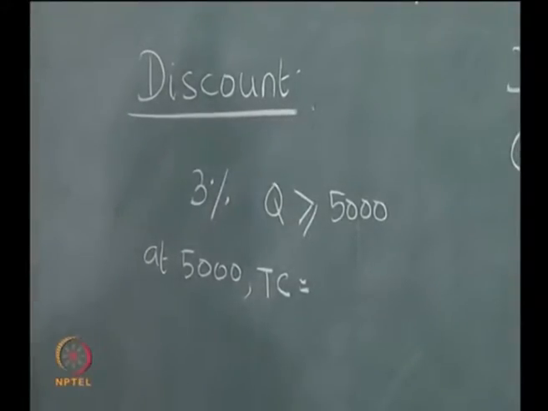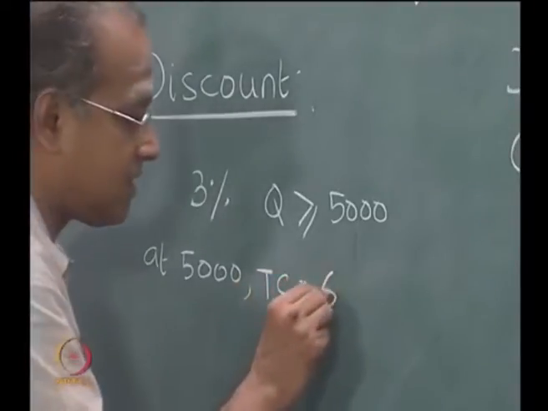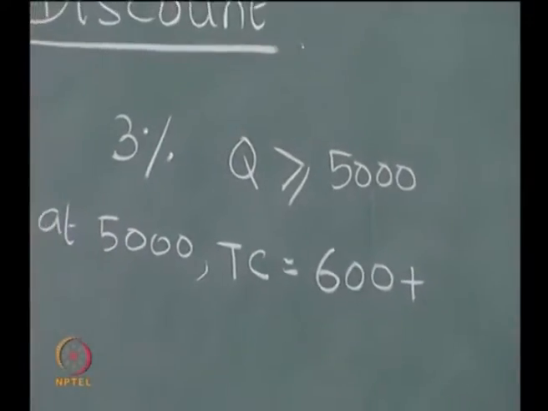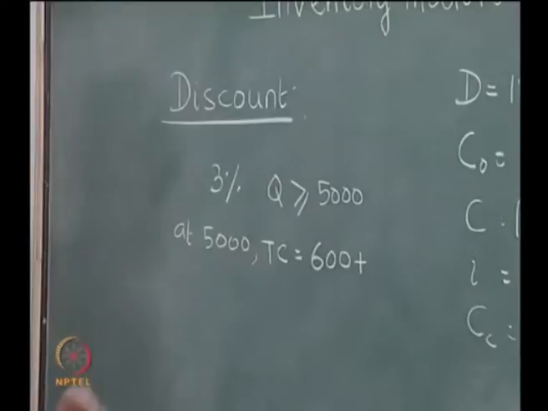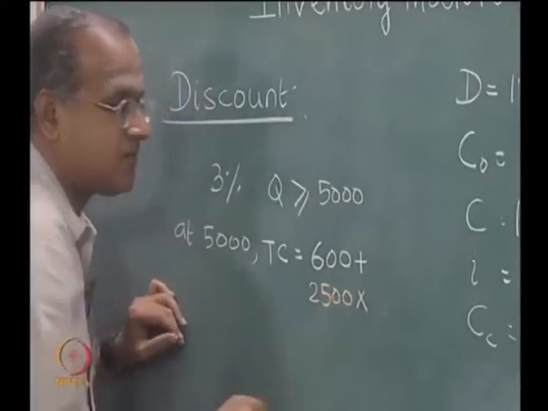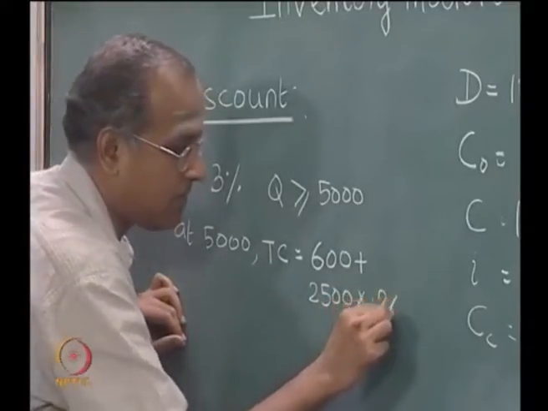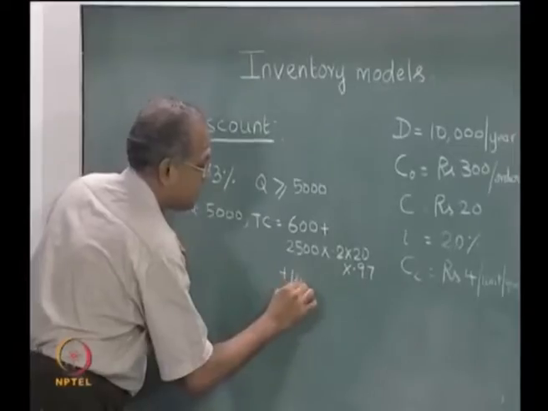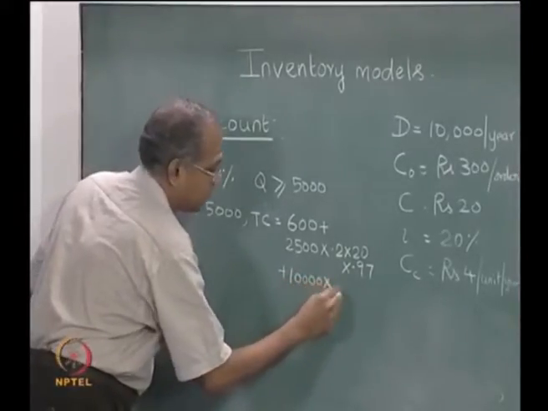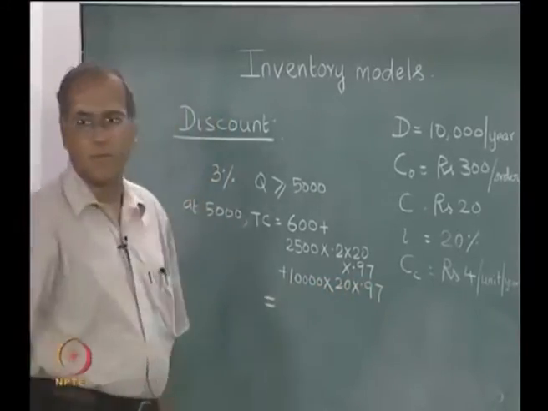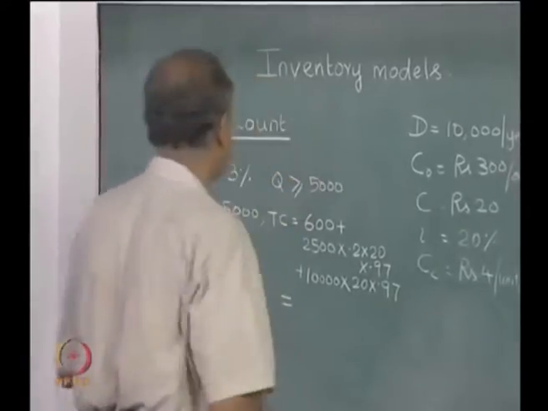So, there will be two orders, 10,000 divided by 5000 is 2. So, 2 into C naught is 600 plus Q by 2, 2500, into Cc, which is 0.2 into 20 into 0.97 plus 10,000 into 20 into 0.97.